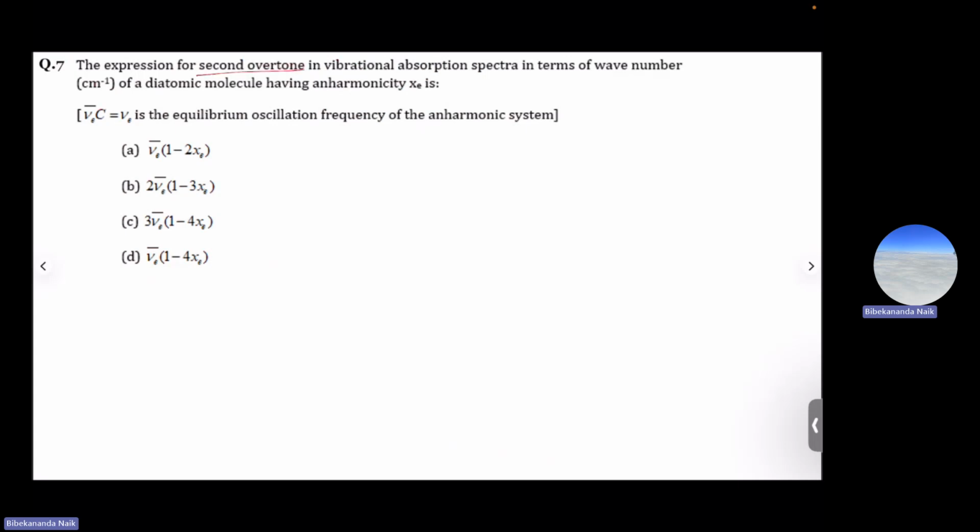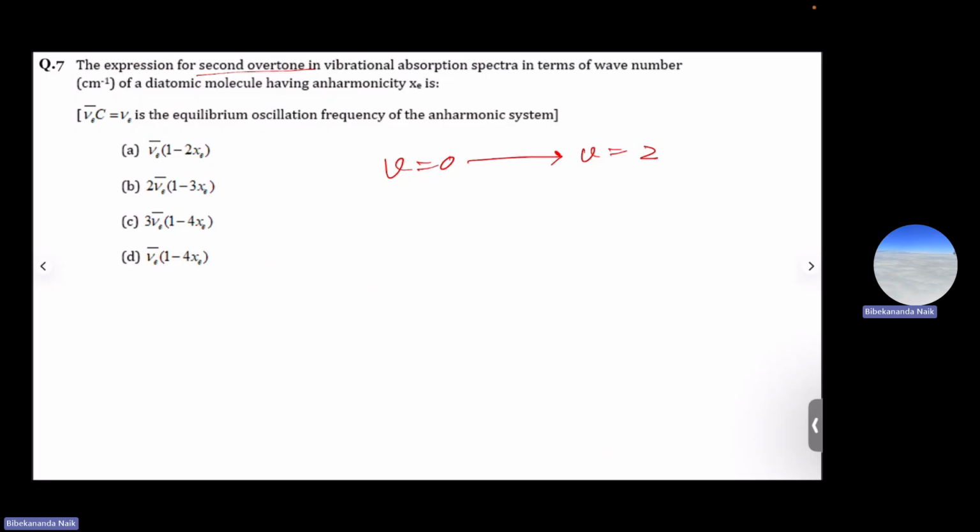So we know the second overtone corresponds to the transition from v equal to 0 to v equal to 3, because v equal to 0 to v equal to 1 corresponds to the fundamental frequency. So v equal to 0 to v equal to 2 corresponds to first overtone, and v equal to 0 to v equal to 3 corresponds to second overtone.